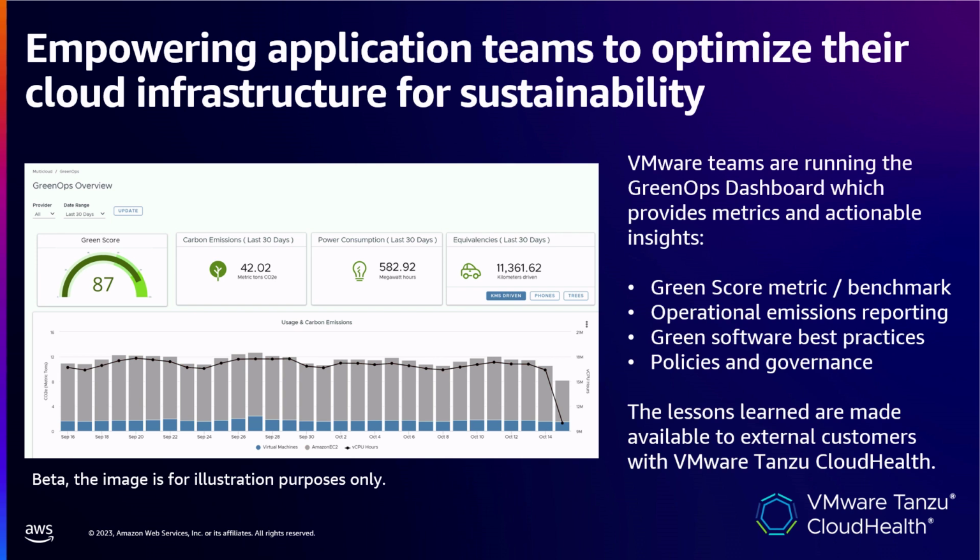So they started with VMware Tanzu CloudHealth, and this was originally a FinOps platform, and now it gets the additional perspective of a GreenOps overview, not only showing application teams cost, but also indicators for resource efficiency through proxy metrics and KPIs. So the tool is currently in private beta, but once generally available, it can also be used by customers to identify opportunities to right-size, to identify opportunities to reduce the carbon emissions and receive recommendations.